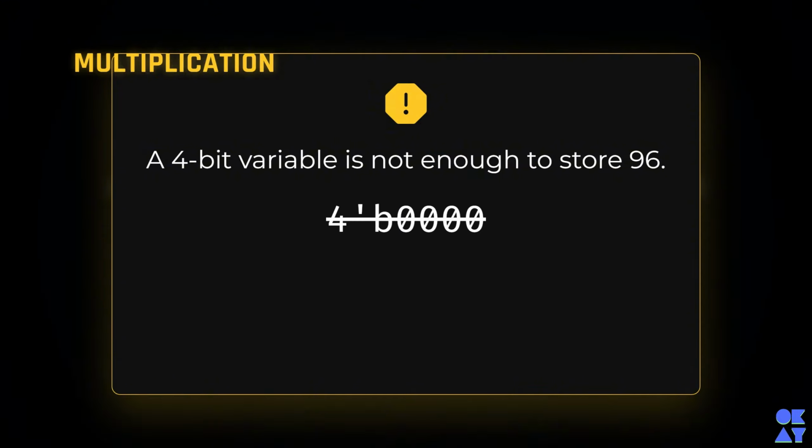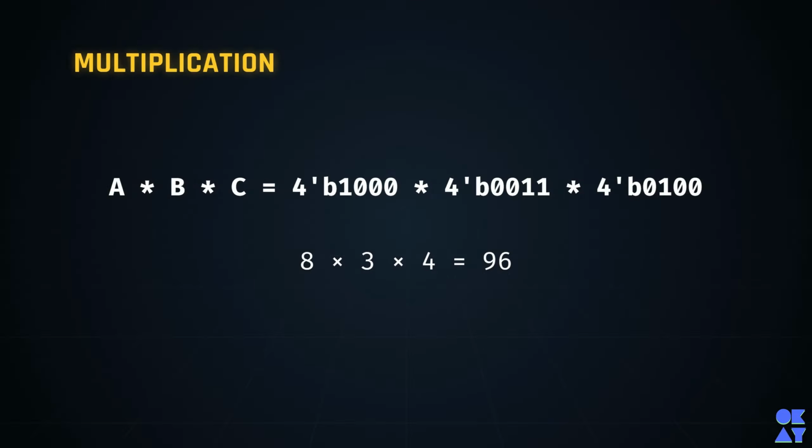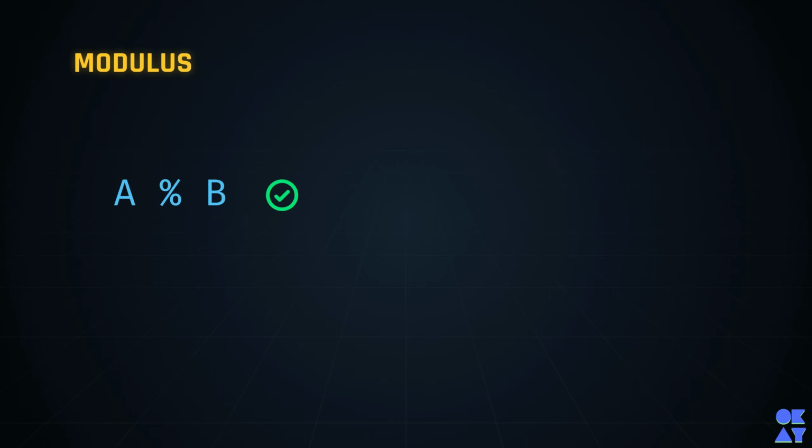A 4-bit variable is not enough to store 96. Minimum required bit width is 7 bits. So the correct result is 7'b1100000.